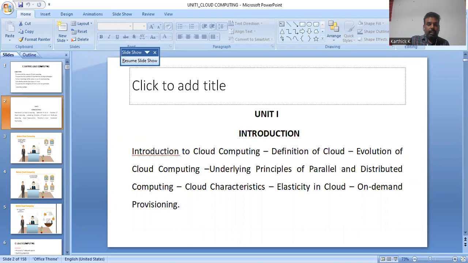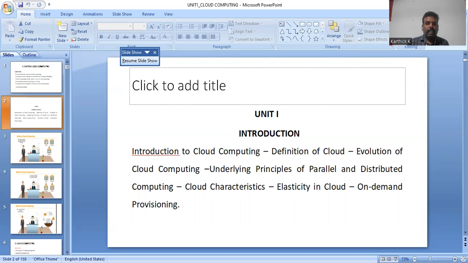Your entire cloud computing is based on these two principles. Types of parallel computing: we have three types of parallelism. One is bit-level parallelism, another is instruction-level parallelism, and another is task parallelism.